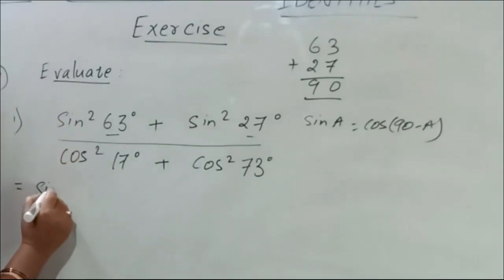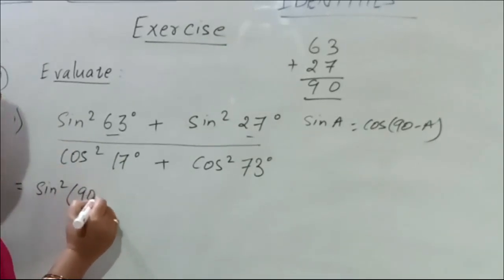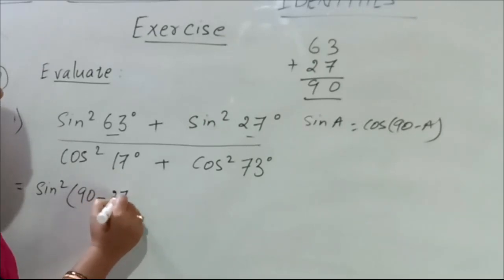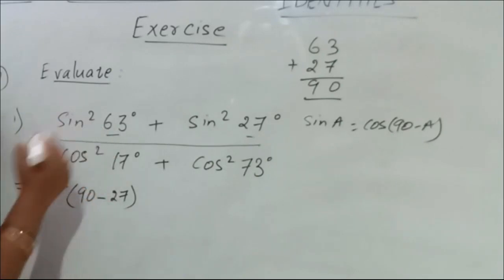Sin² 63. How to write 63? We can write 63 as 90 minus 27. You subtract 90 minus 27, you will get 63.